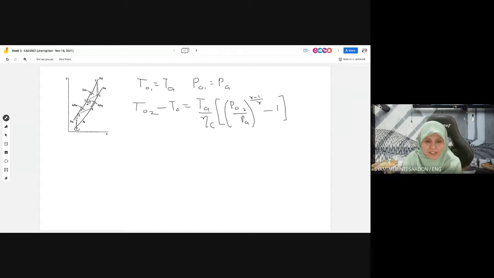And then the ratio of PO2 over PA, or PO2 over PO1, is the compressor pressure ratio actually. So it is 4. And then gamma we can use 1.4 and then minus 1. So we can calculate the TO2.